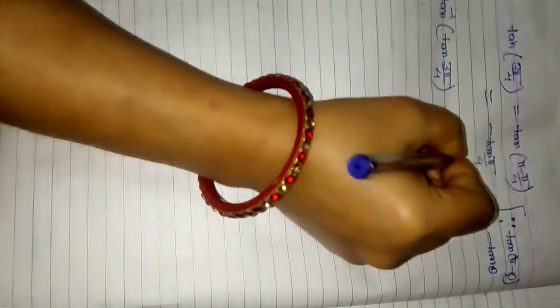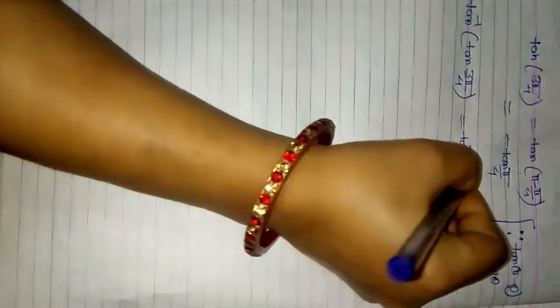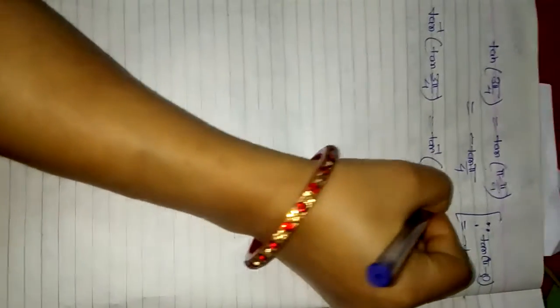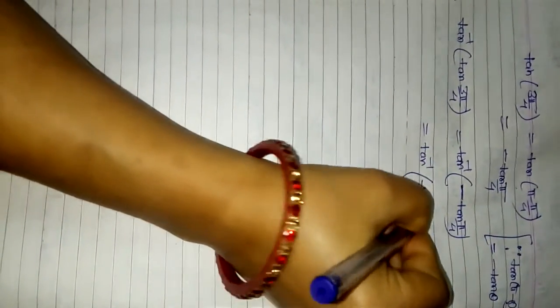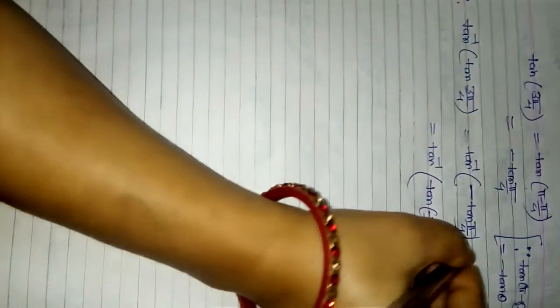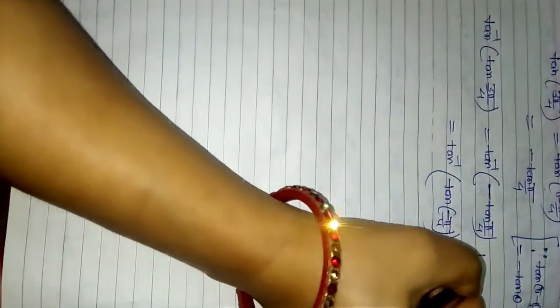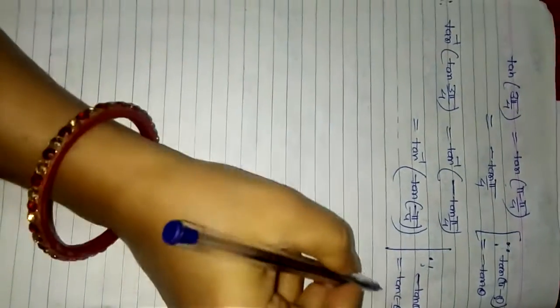So in place of tan 3 pi by 4 we can write minus tan pi by 4, and minus tan pi by 4 we can write as tan of minus pi by 4, because minus tan theta is equal to tan of minus theta.